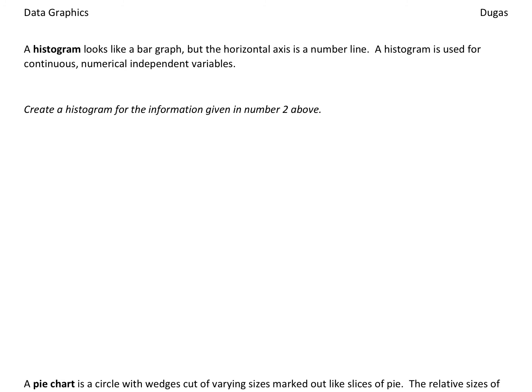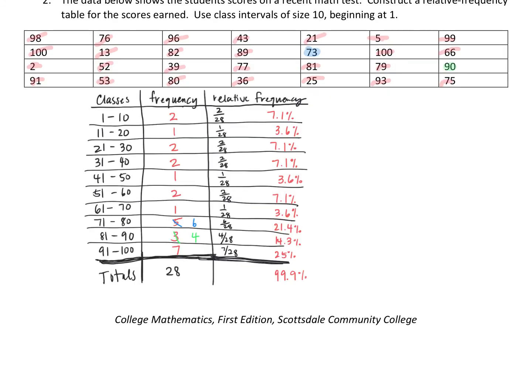In this one, we'll be creating one for example number 2, where it's test scores. The variable of interest is scores on a test. Since that's numerical data, we're going to have a histogram instead of a bar graph. In a histogram, the bars are all touching because it's continuous data. So here's the one that we're going to make a histogram for, just as a reminder.